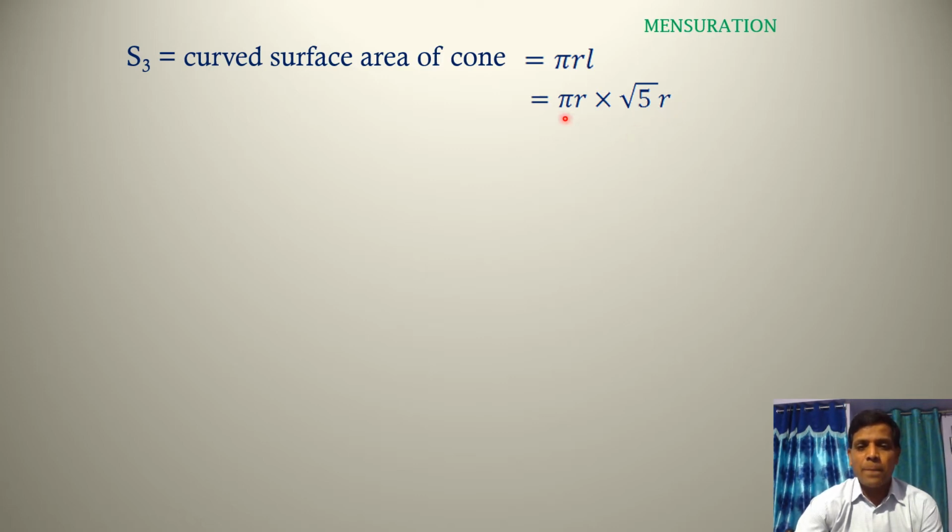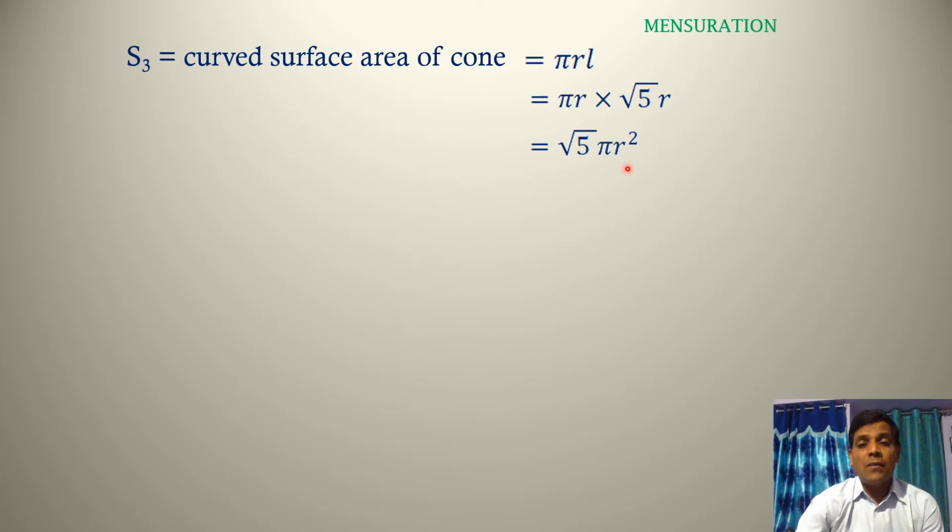So the product of pi r into root 5 r gives root 5 pi r square.